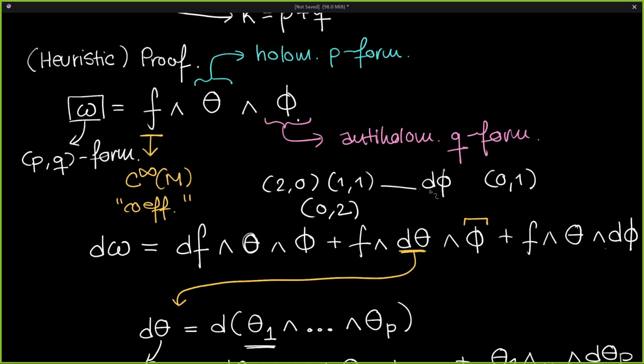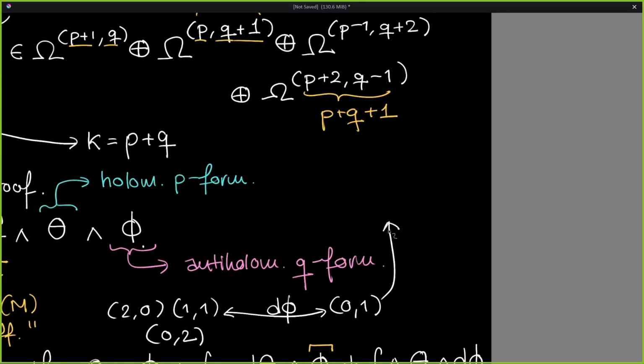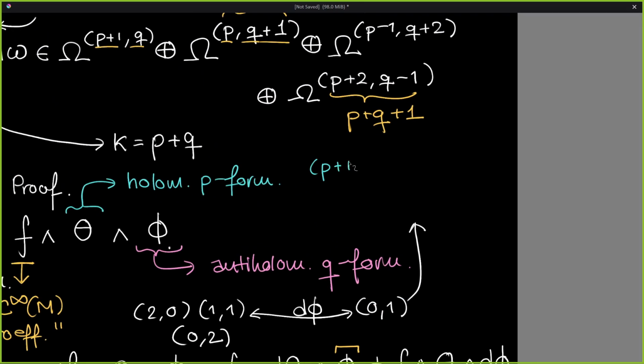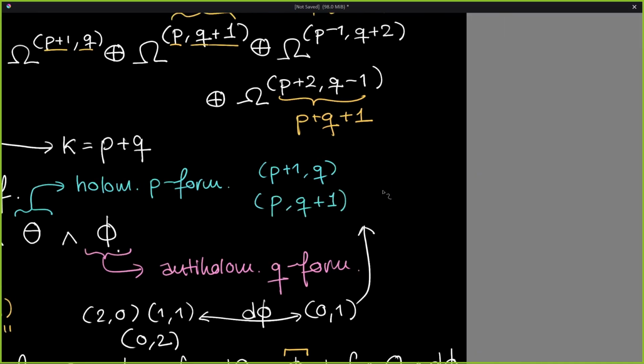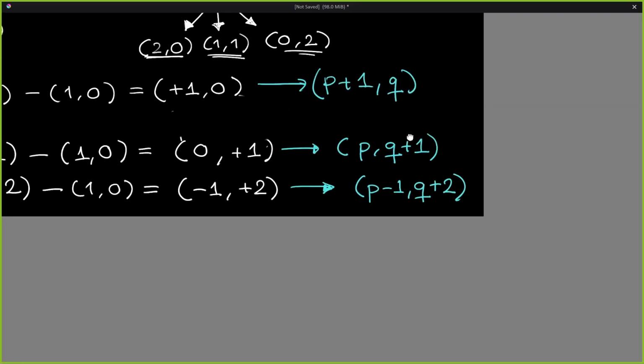And if we subtract these, then we'll find that overall we get a p plus 1 q form, a p q plus 1 form, can't really interchange them, and we'll get something that looks like this one but a little different.